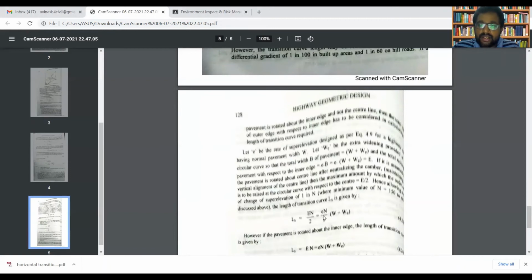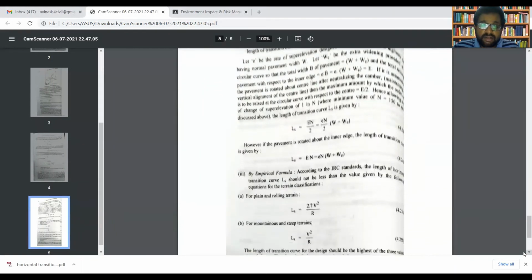Small e stands for super elevation. I hope you know what is meant by extra widening. Extra widening means it is the sum of mechanical widening plus psychological widening.